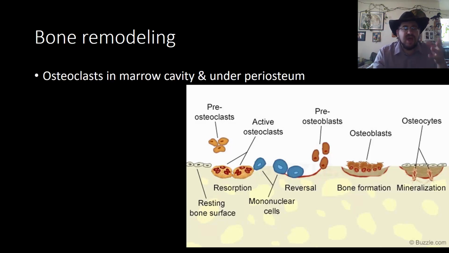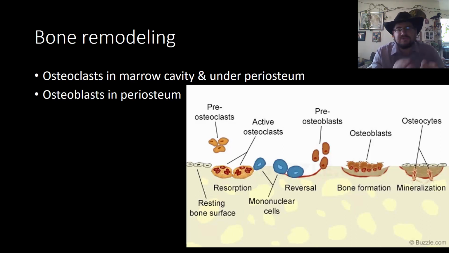So, we have osteoclasts in the marrow cavity. There are actually also osteoclasts under the periosteum. So, they're inside the marrow cavity, and they're on the outside surface of the bone. Osteoblasts are primarily in the periosteum.